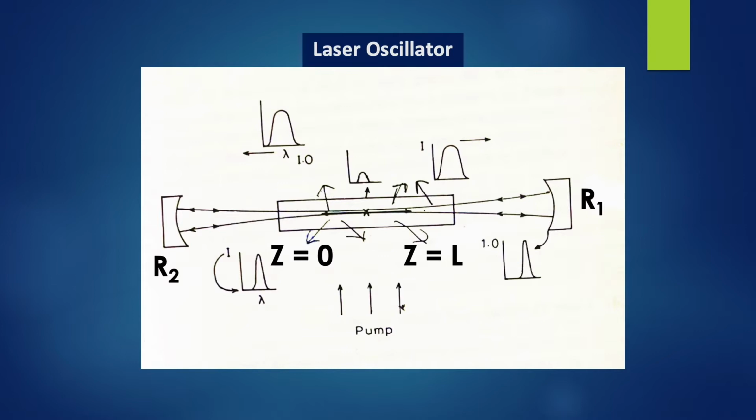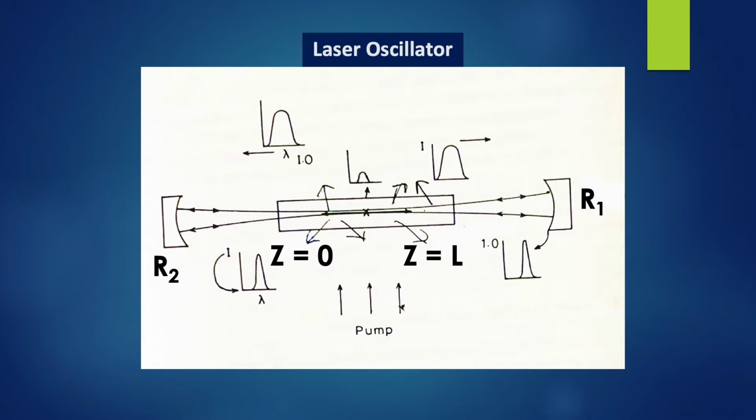Then you will have plenty of spontaneous photons in all directions. Out of that, only a few will go along the plus z and minus z axis. They go back and forth and become stimulated photons. Now, we are going to start with the stimulated photons alone.